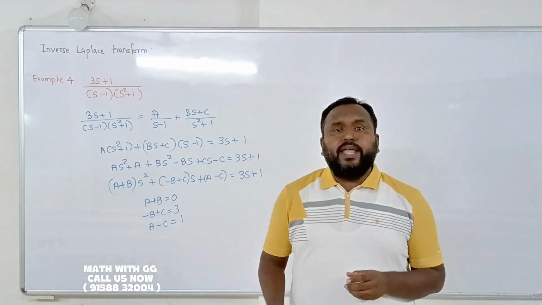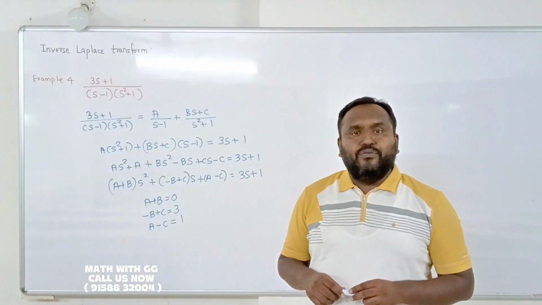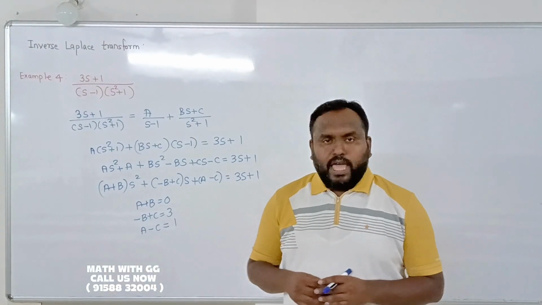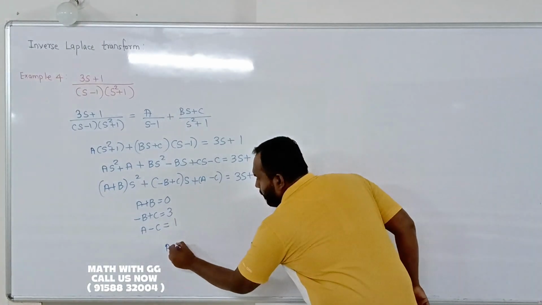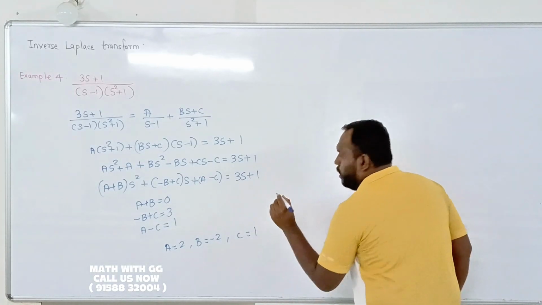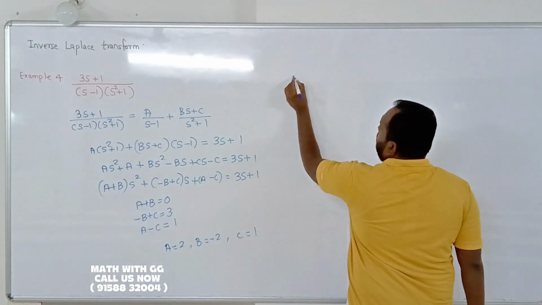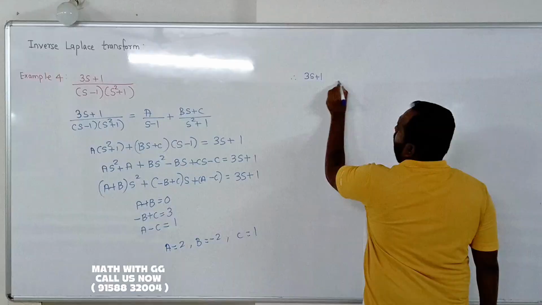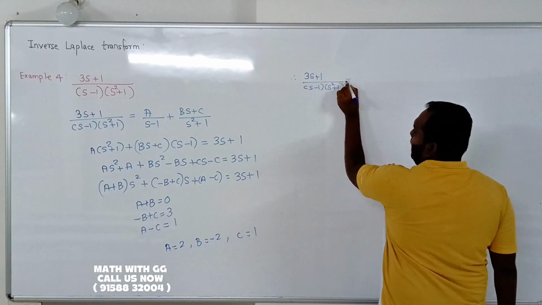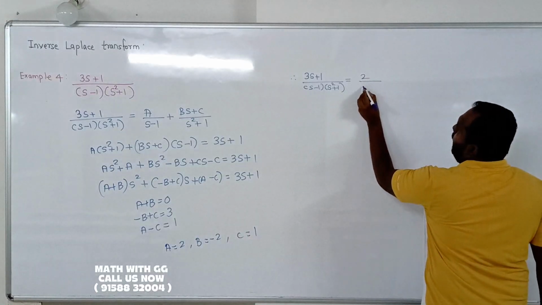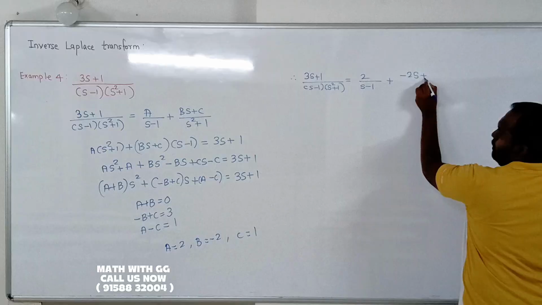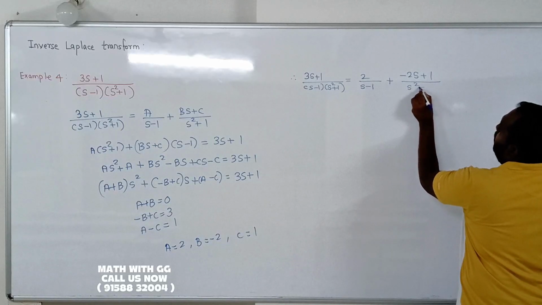Now, solving these three equations on the calculator, we get the values of a, b and c. The value of a is 2, b is minus 2 and c is equal to 1. Therefore, (3s plus 1) upon (s minus 1) into (s square plus 1) is equal to 2 upon (s minus 1) plus (minus 2s plus 1) upon (s square plus 1).